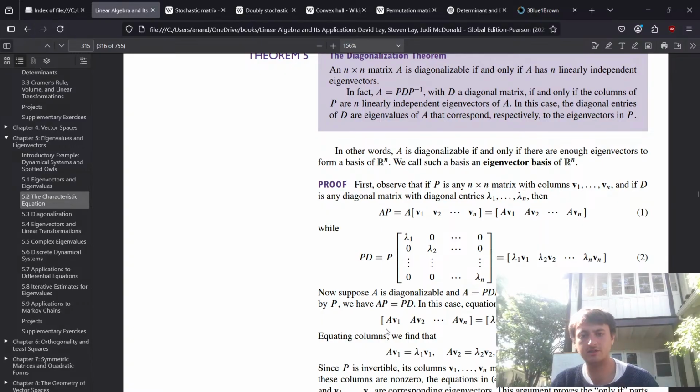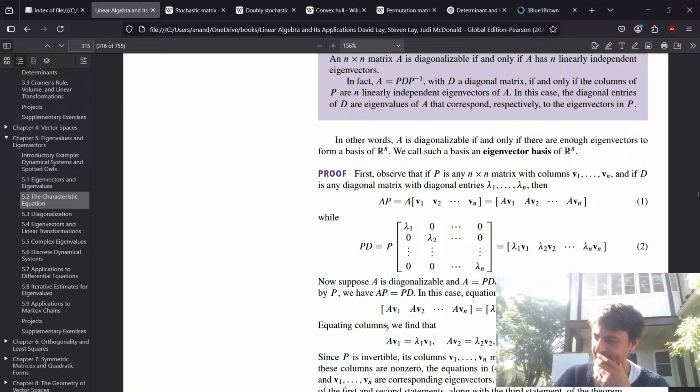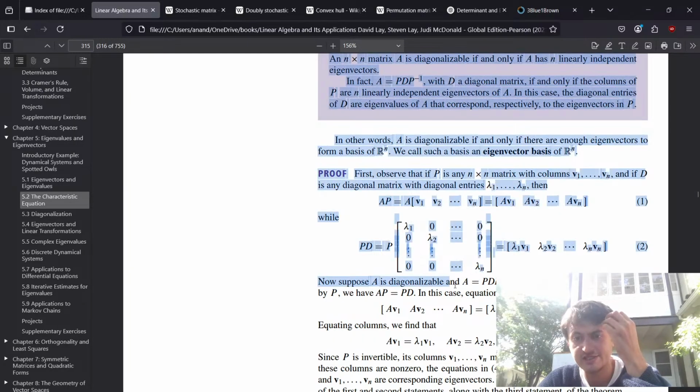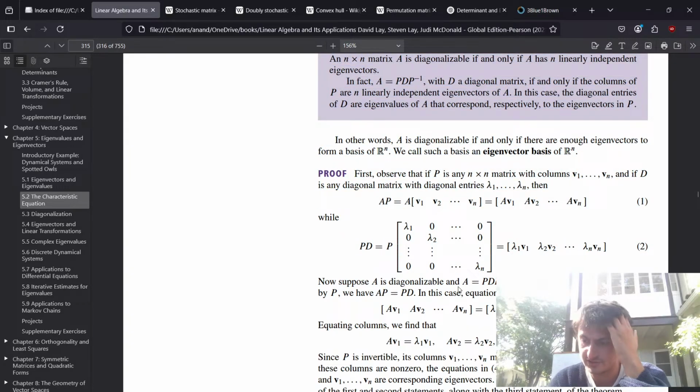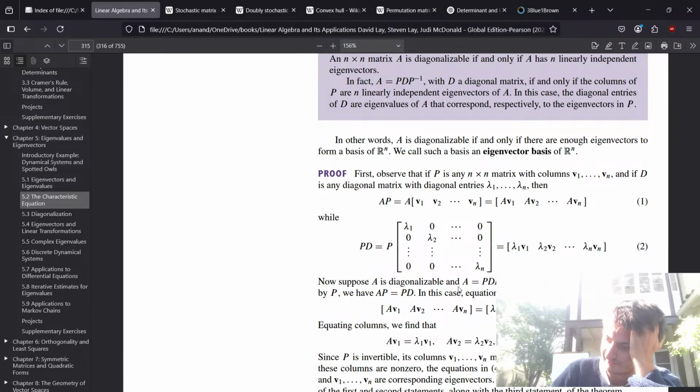Okay, so yeah, so then we have, hold on. Now suppose A is diagonalizable. Okay, so we're doing this side of the proof. So we assume that A is equal to PDP inverse.